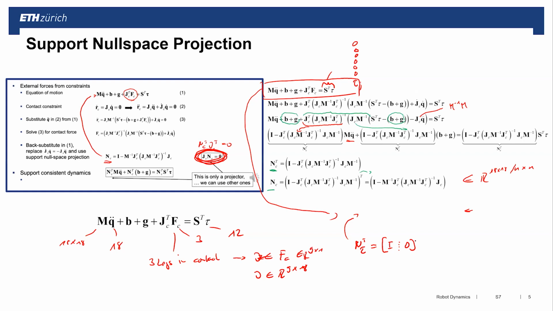Whenever we switch contacts, our JC changes, because a different contact is active. So the stack of JCs changes, which means the NC changes, which means also that the dimensionality of the mobility in every contact pose can change. But hopefully this becomes a little clearer when we go through the exercise here.